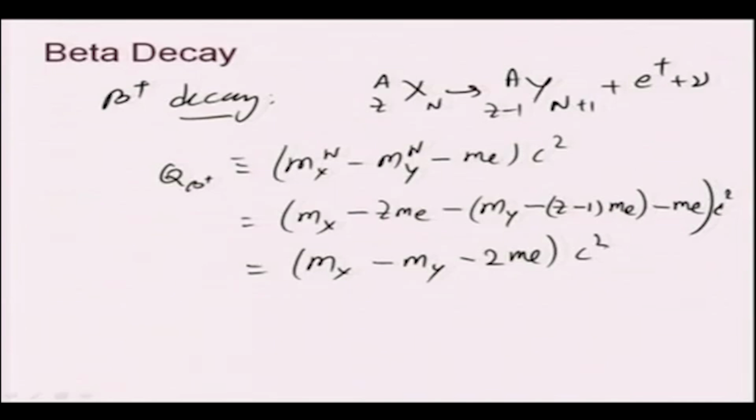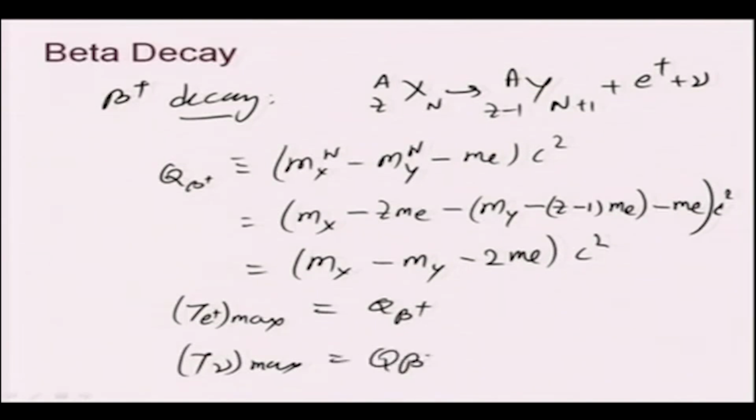So, in terms of the atomic masses, we have (mx minus my minus 2 me)c² as this one, and in exactly the same way as earlier for beta minus decay, we can say that Te plus Tν is equal to Q beta plus, and similarly for the neutrinos.